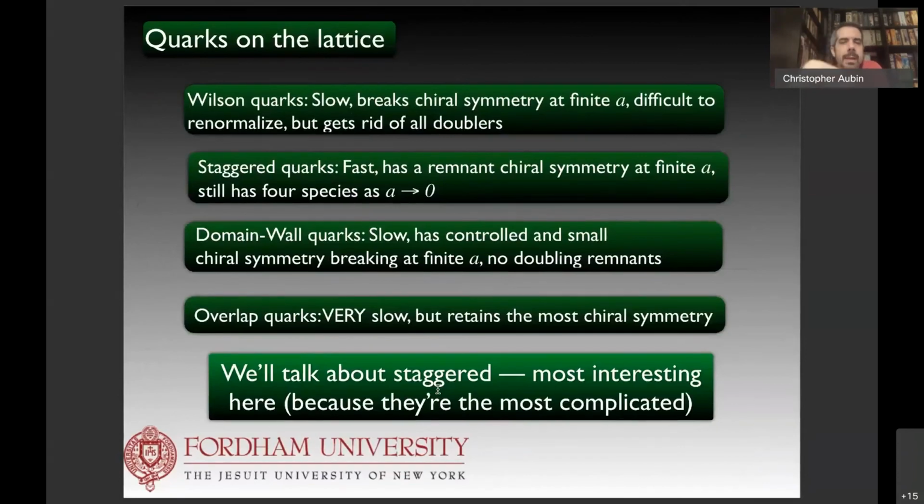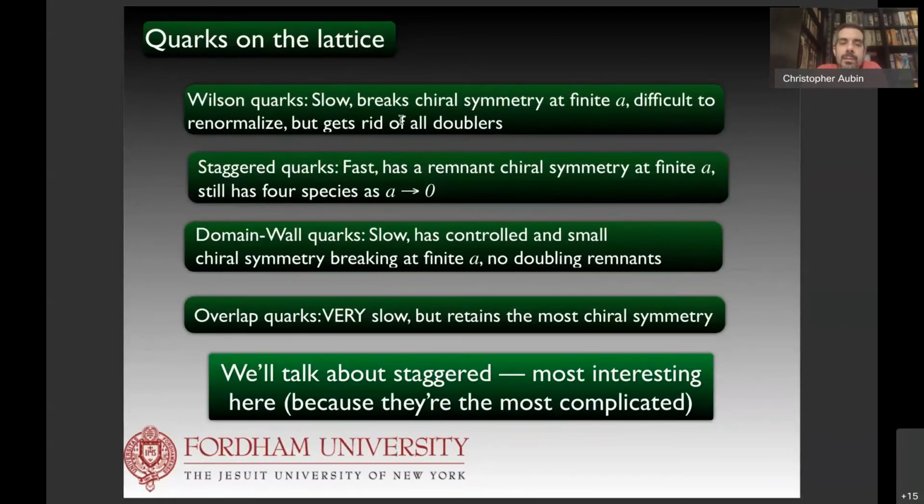Just to give you an idea of what's out there, I want to discuss them all. We have Wilson quarks. These tend to be slow, and they actually break chiral symmetry at finite lattice spacing, so it's tricky, but it's really nice because it gets rid of all of those doublers. We have staggered quarks, which is what we're going to talk about today because that's what most of my academic life has been spent with.